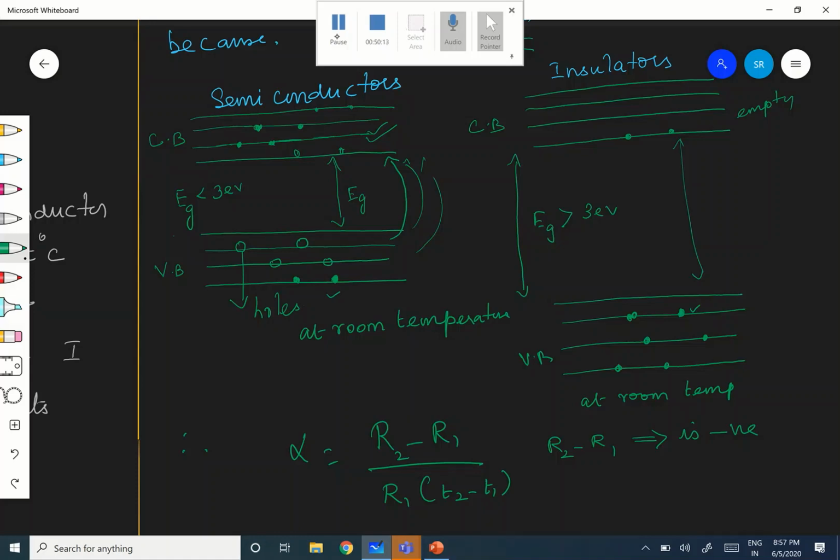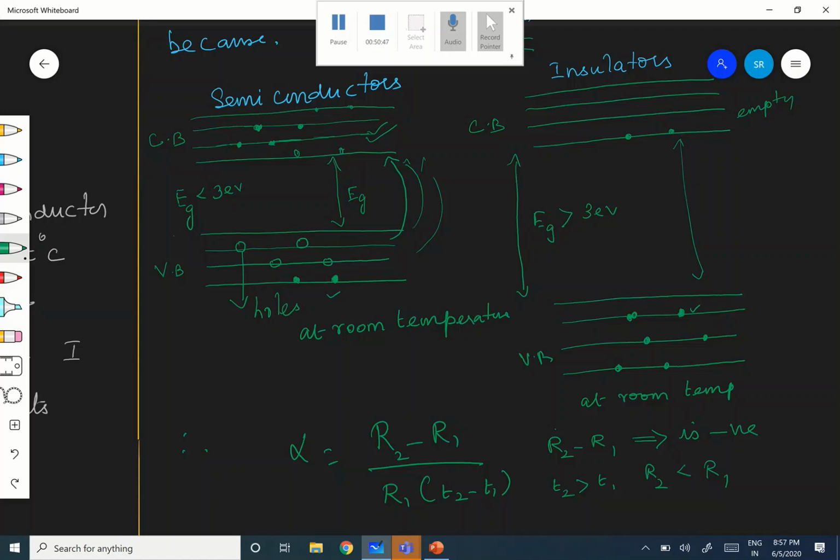Because T2 is larger than T1, so R2 will be less than R1. As you increase the temperature, resistance will decrease, because more electrons are now available in the conduction band for conduction. Their conductivity will increase, so resistance will decrease. Therefore R2 minus R1 will be negative, and alpha will be negative.